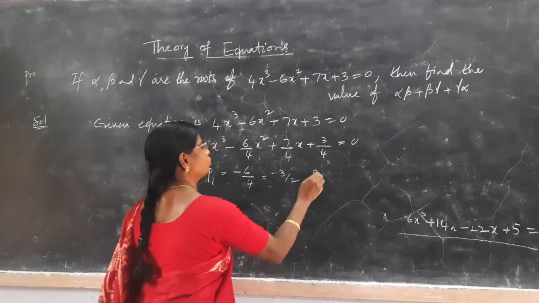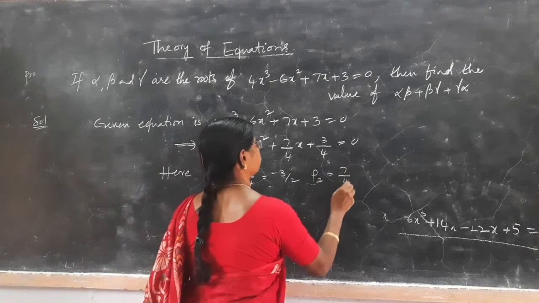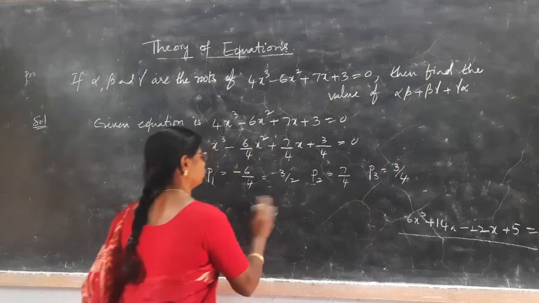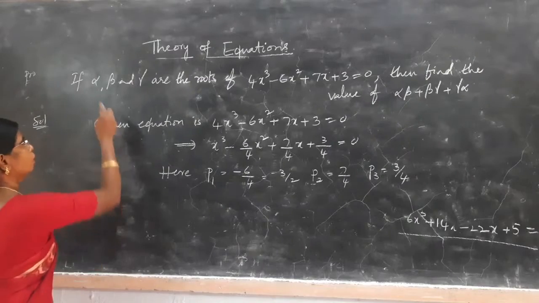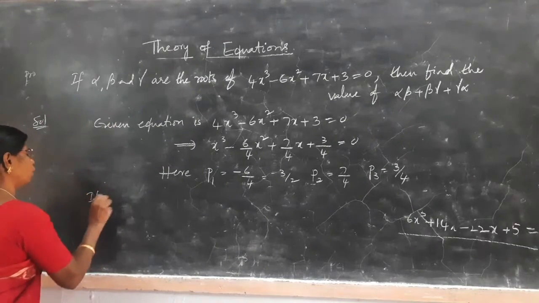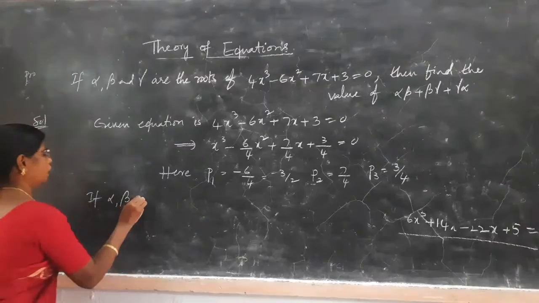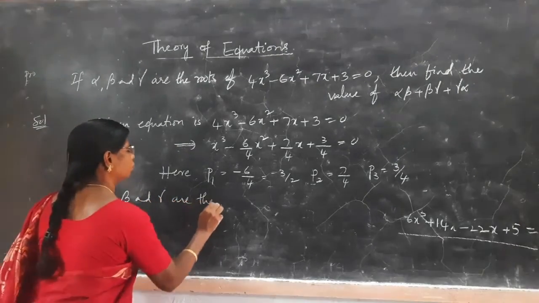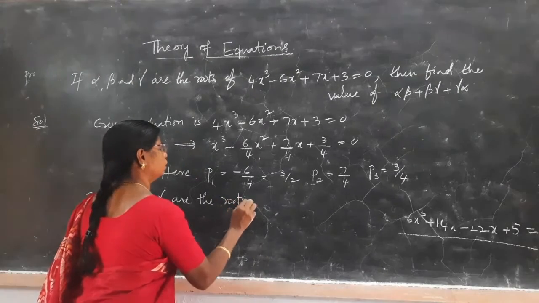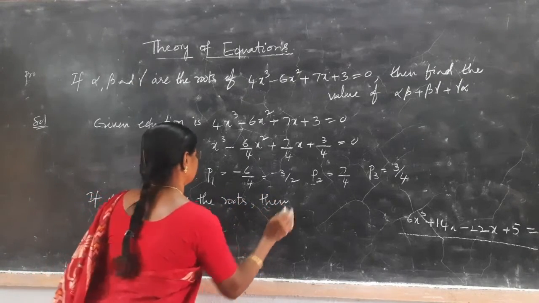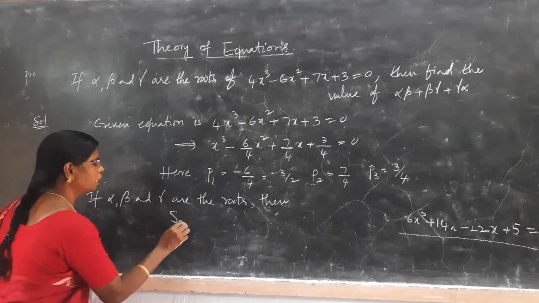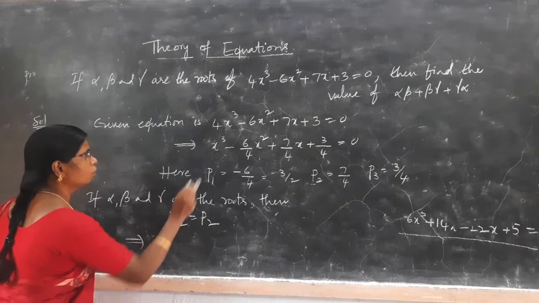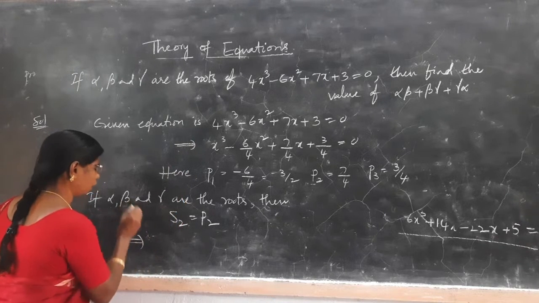P2 is 7 by 4. P3 is 3 by 4. Okay, మనకి ఏం కావాలి, ఇప్పుడు రాస్తాను. If alpha, beta and gamma are the roots, then we know that S2 is equal to P2. Okay na? So what is S2? S2 చెప్పండి, taking 2 what you have?